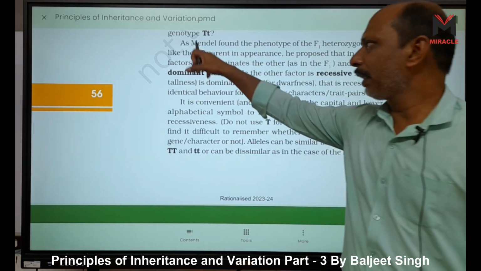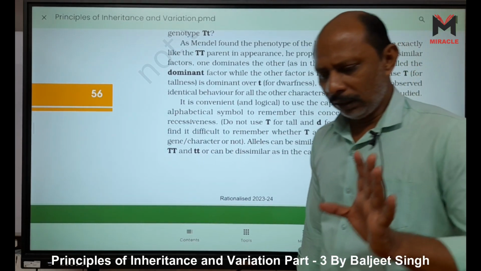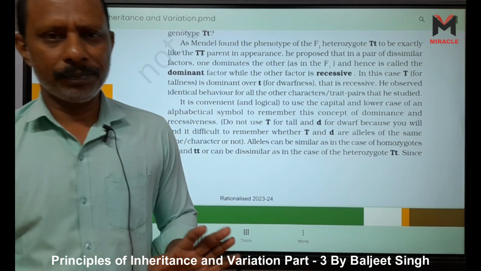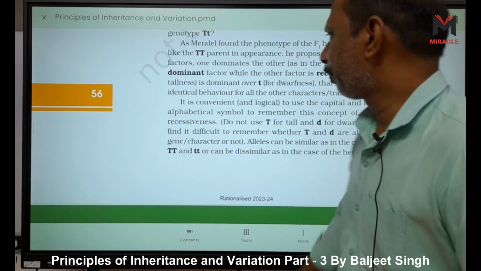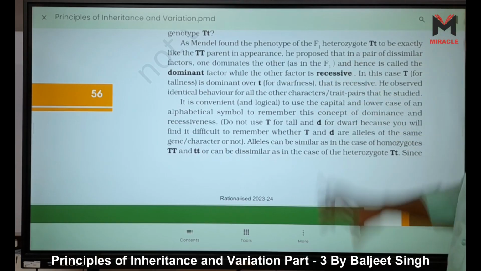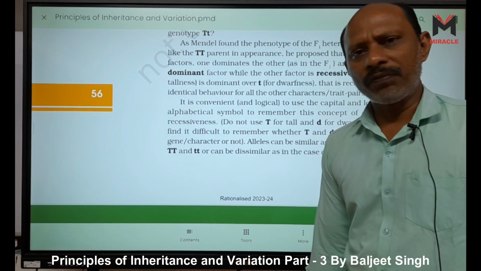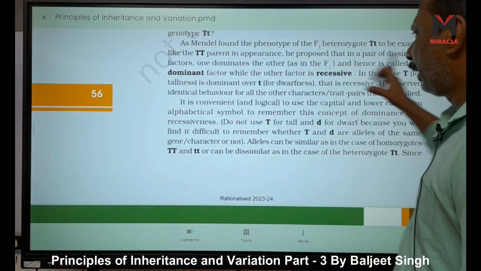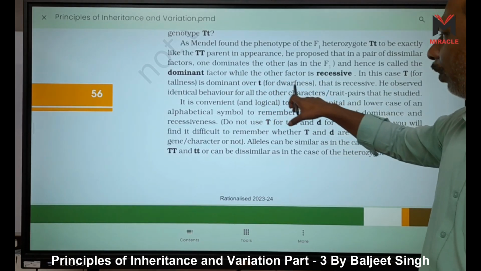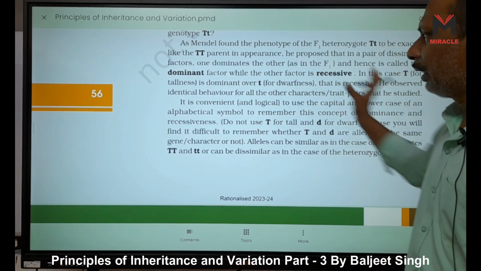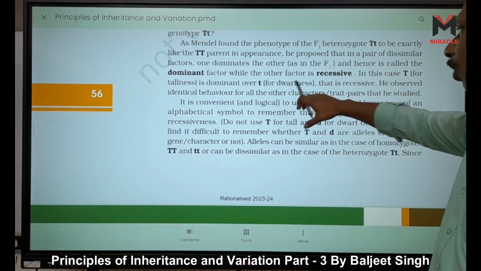Which one is the dominant factor in capital T small t? This capital T is the dominant factor. So a dominant factor is always represented by capital letters, while the other factor is recessive. Recessive means which cannot express itself in F1 generation. In this case, capital T for tallness is dominant over small t for dwarfness. That means tallness is dominant over dwarfness, and dwarfness is recessive.